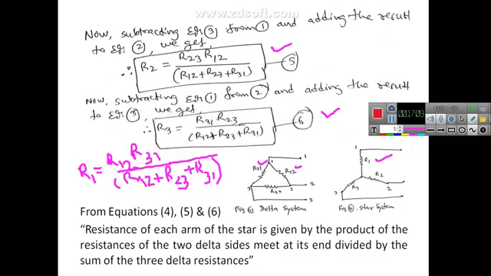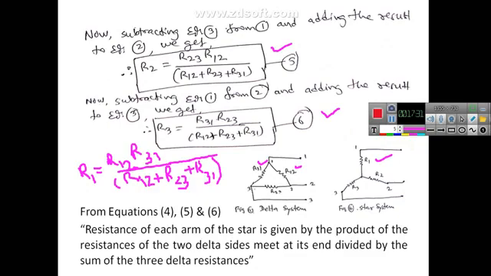Likewise, R2 is nothing but the resistance connected to the terminal 2 in the delta connected system. So that means R23 into R12 divided by the sum of all delta resistances.